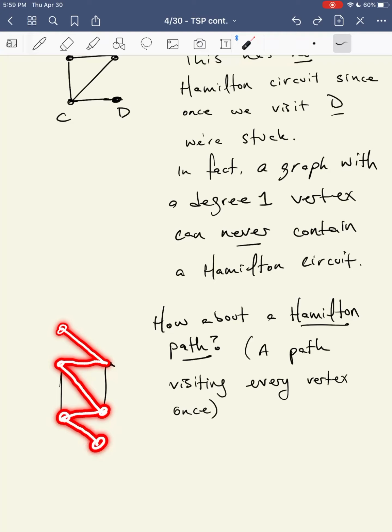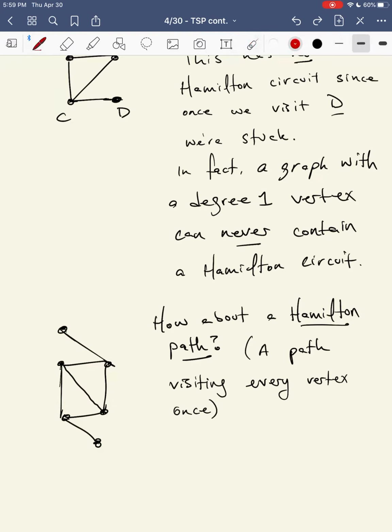And sure enough, we get a Hamilton path. So this is what we call a Hamilton path, yes.